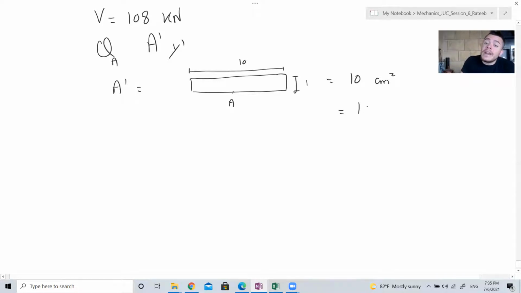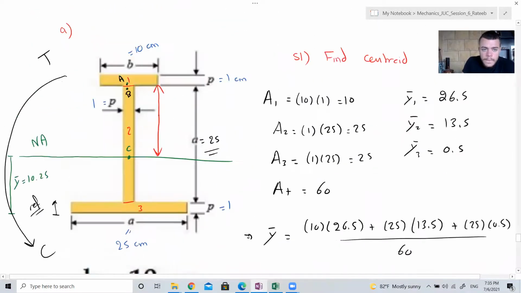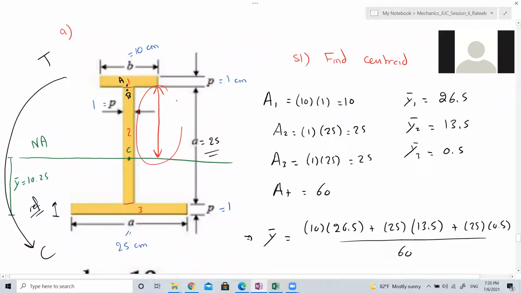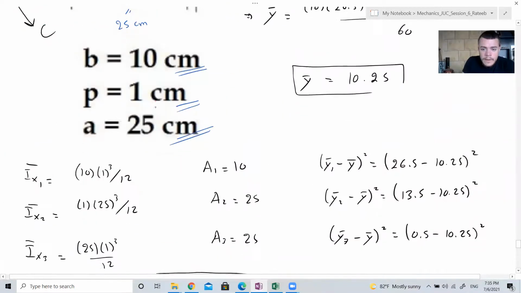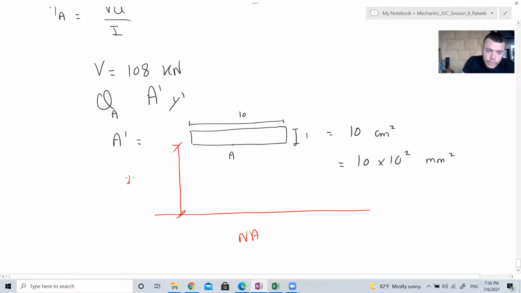But be careful, you need to convert it to millimeter, so multiply by 10 to the power 2 millimeter squared. What is Y prime? This is the neutral axis here. This distance, 6.25 from here to here, how much did we say? 26 minus 10.25, which is 15.75.